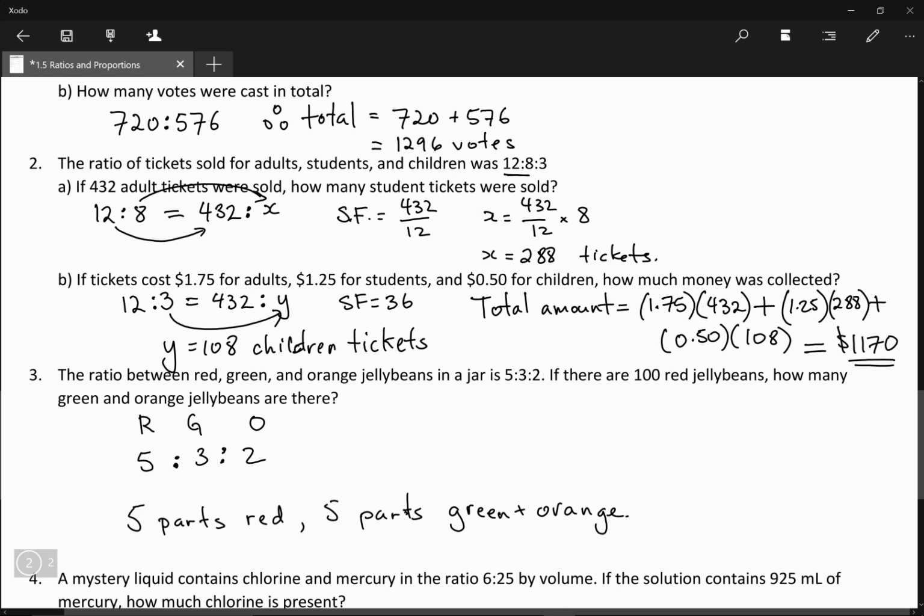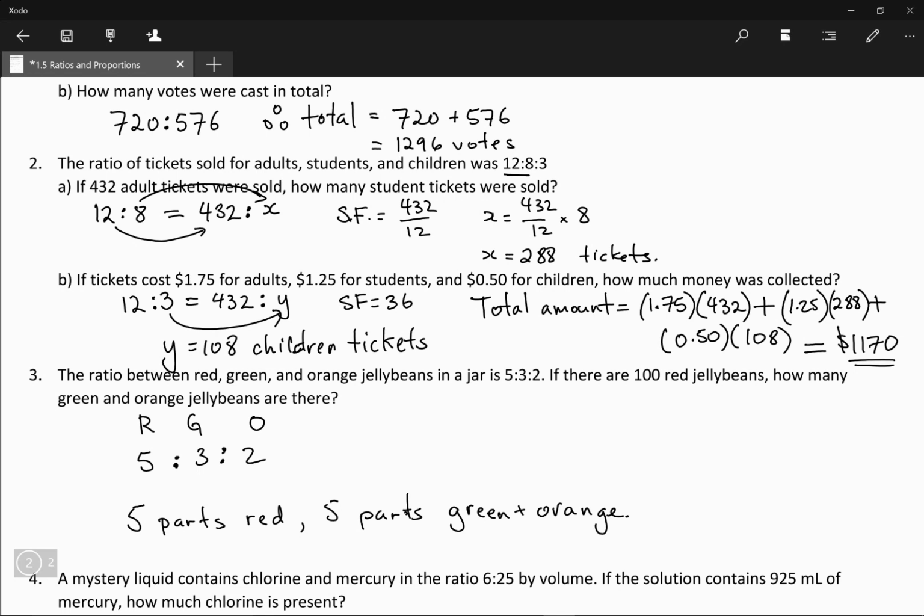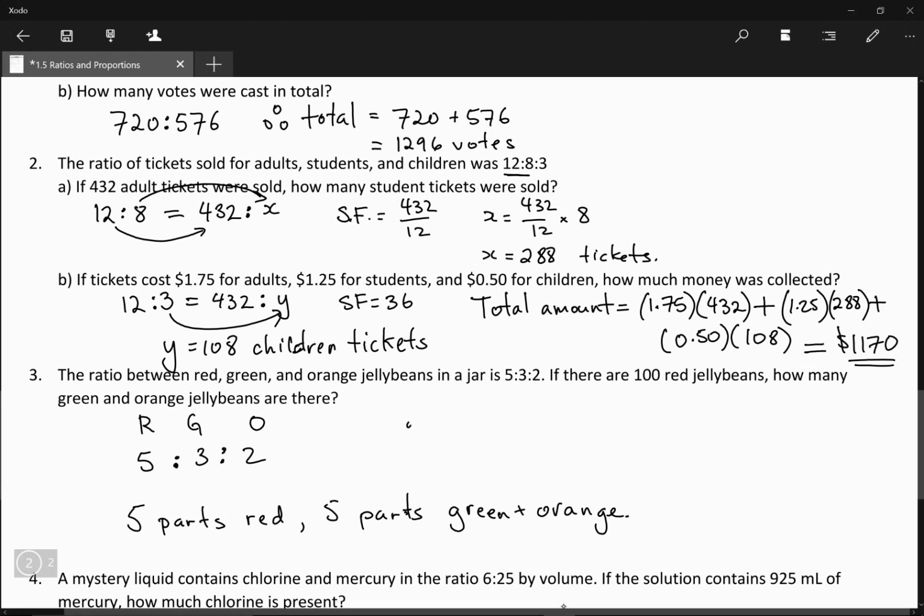So I'm not going to separate them to green and orange, so 3 and 2. I'm just going to combine them and say 5 parts green and orange. So they're equal parts red, equal parts green and orange. So therefore, if you have 100 red jelly beans, then you must have 100 green plus orange.